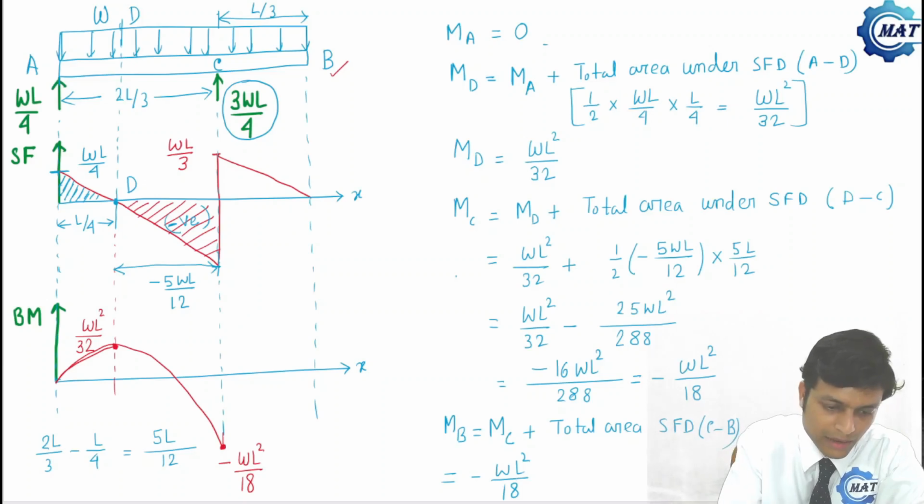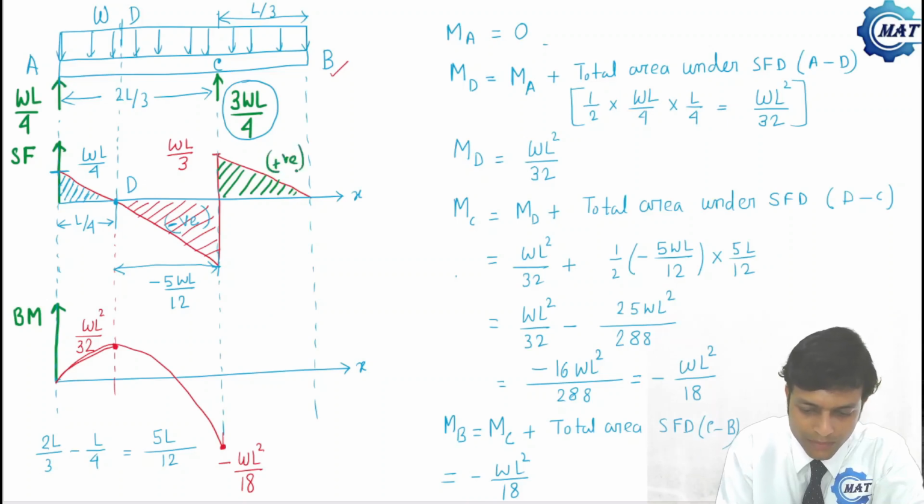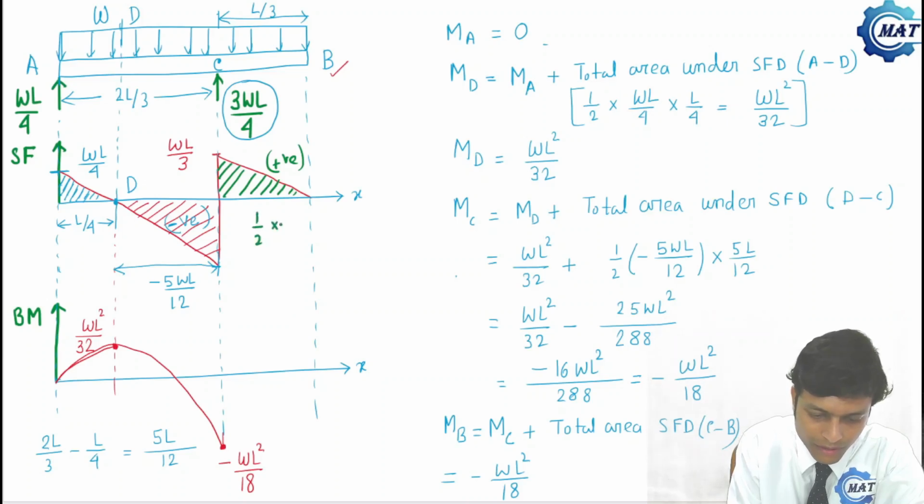Now this area, this green hatched area, is positive area, so we have to add this area. And what is this area? This area is going to be half into WL by 3, this is the height, and the length is L by 3.